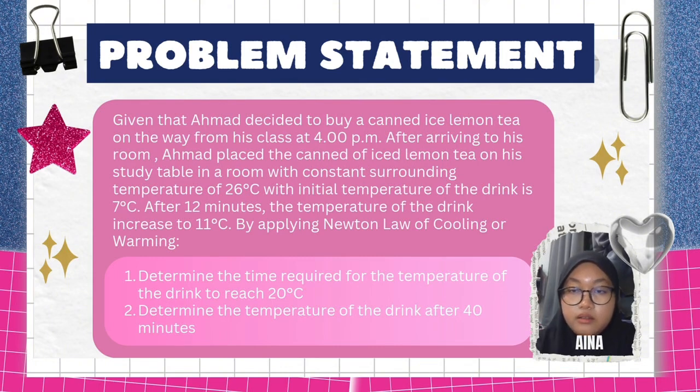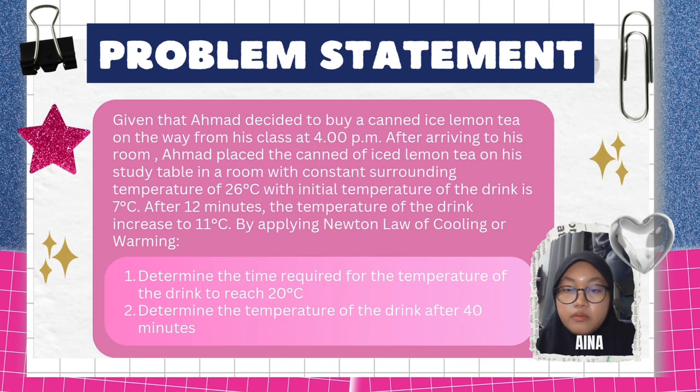At the beginning, the temperature of the drink is 7 degrees Celsius. As time passed, the drink absorbed heat from the surrounding air and its temperature gradually increased. After 12 minutes, the temperature of the drink rose from 7 degrees Celsius to 11 degrees Celsius.